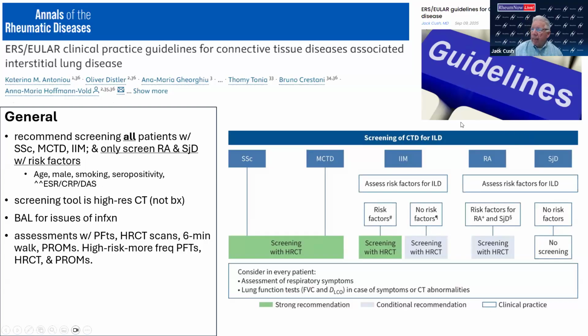But over here on the right, this is from her slide that says you screen MCTD and scleroderma, no questions asked, and that's systemic sclerosis, preferably the diffuse kind. But they are asking about risk factors.